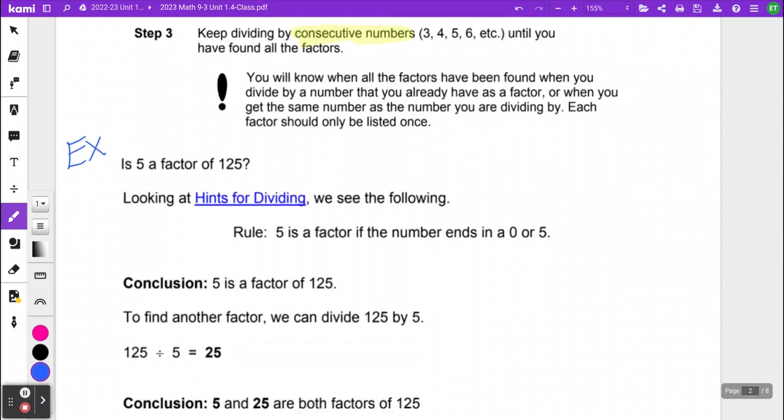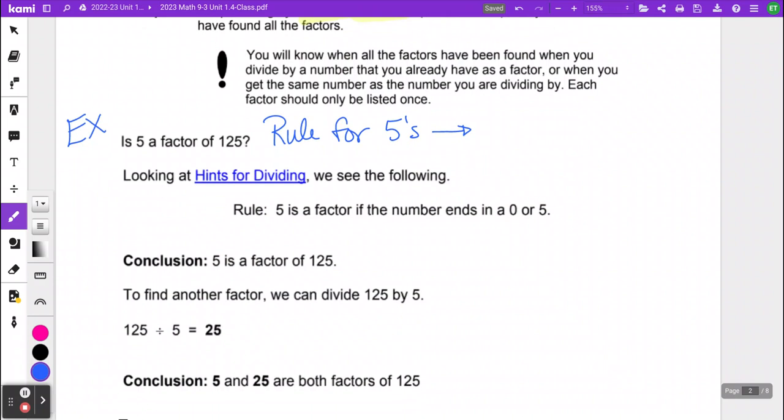Is 5 a factor of 125? Well, what did we say that 5 divides into? What is our rule for 5s? Who remembers? It says it right here.